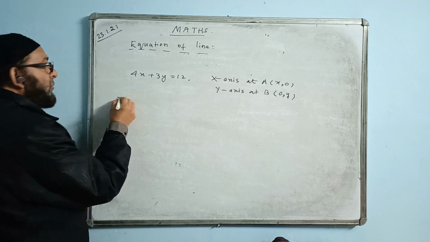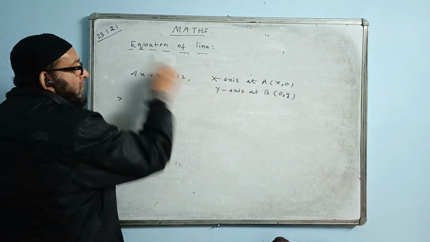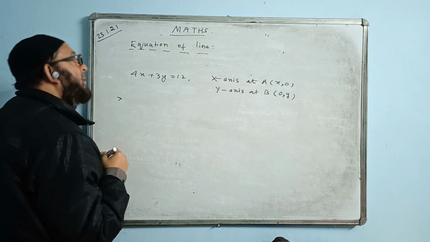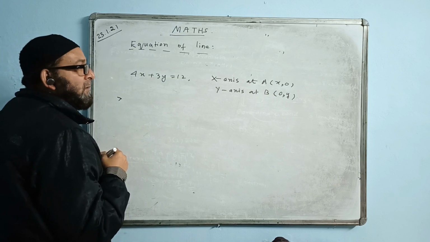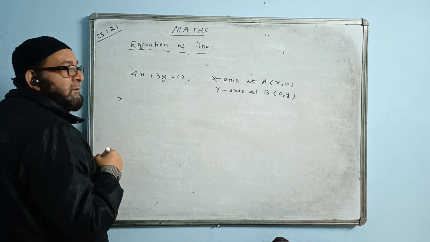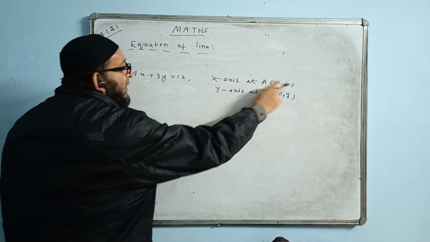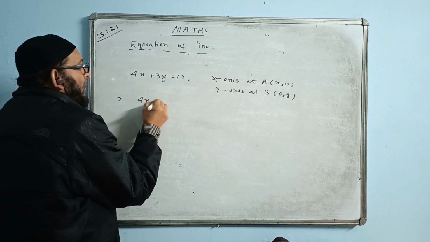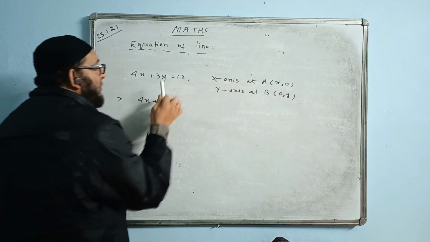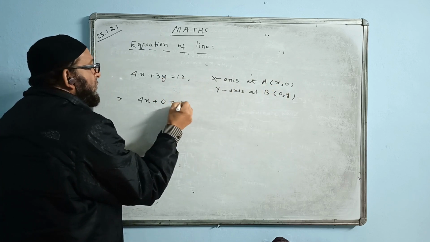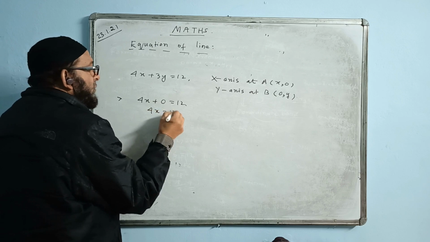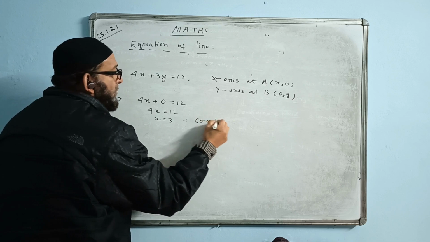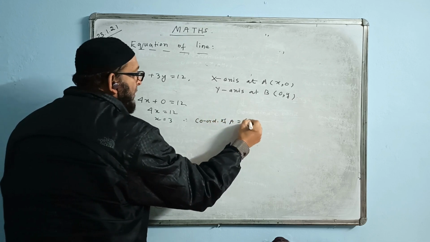Now I will put the values in this line, and we have to find them individually. For A, the x value remains x and the y value becomes 0. 3 times 0 is 0, so 4x equals 12 and x is 3. Therefore the coordinates of A become (3, 0).